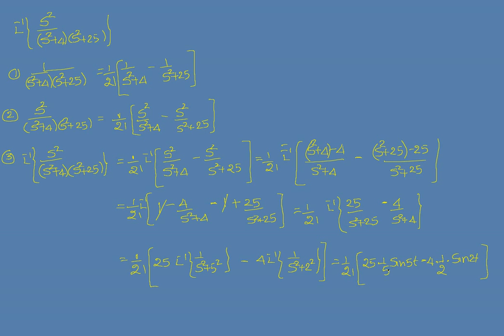Okay, so 5 times, 2 times. So what you are left with is 1 by 21 into 5 sin 5t minus 2 sin 2t. So this is the way to solve the inverse Laplace using partial fractions, second model.